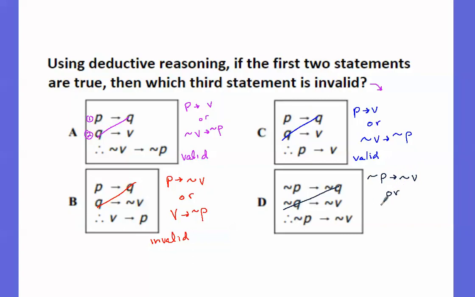Or, writing the contrapositive, reversing and negating, V would lead to P. Therefore, in my third line here, not P would lead to not V. That matches my original, so this is indeed valid. And we want to know the invalid statement, so B would be an invalid statement. The first statement and the second statement do not follow with the third statement. Invalid.